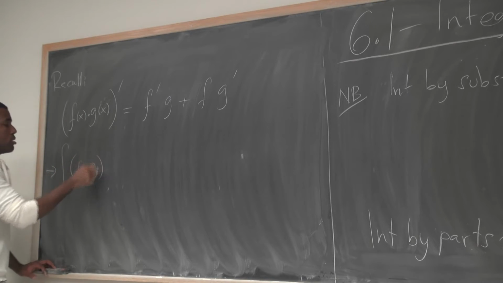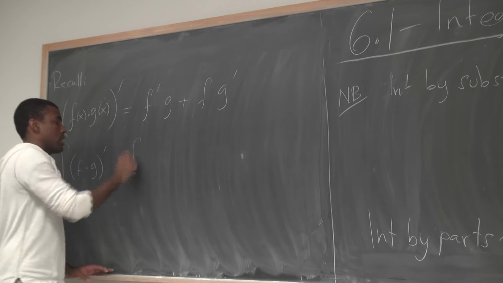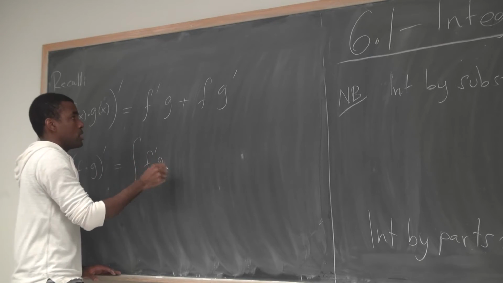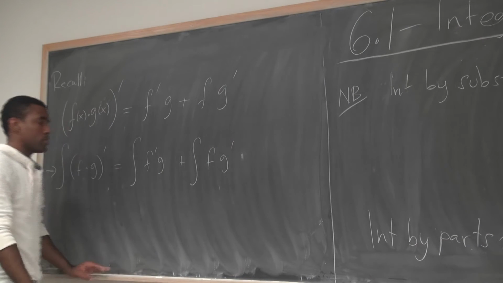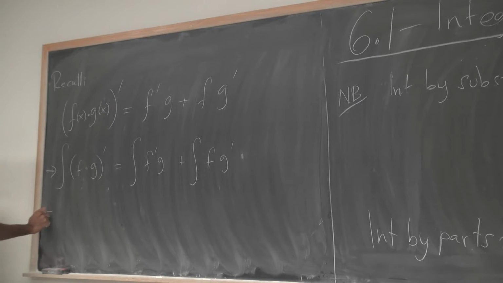The derivative of f times g equals the antiderivative of f prime g plus the antiderivative of f g prime. So now what can I say? Well, if I anti-differentiate a derivative, what happens? The fundamental theorem of calculus says they just kill each other, right? So this side just becomes f times g again.